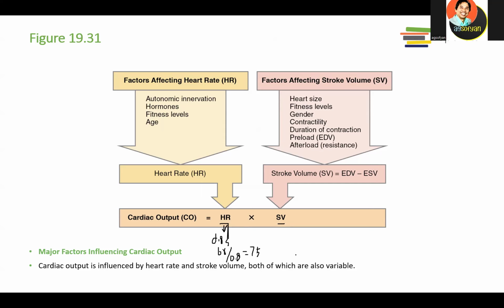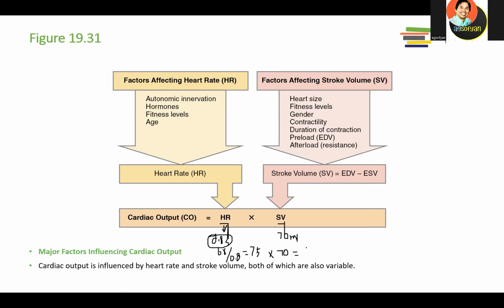The stroke volume every cycle, every 0.8 second, actually gives about 70 milliliters of blood pumped from the heart. So if you want to know how much blood will be pumped per minute, then you can just multiply 75 times 70.